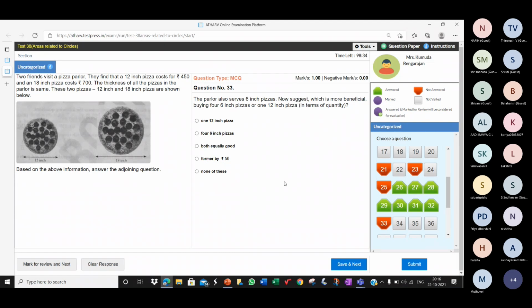Four of it will be 4 into 9 pi, 36 pi. So the total area you would have is 36 pi. In the second one, the radius is 6, pi r square, pi into 6 square, 36 pi. It's the same. One 12-inch pizza also has the same area, 36 pi. So both are equally good.